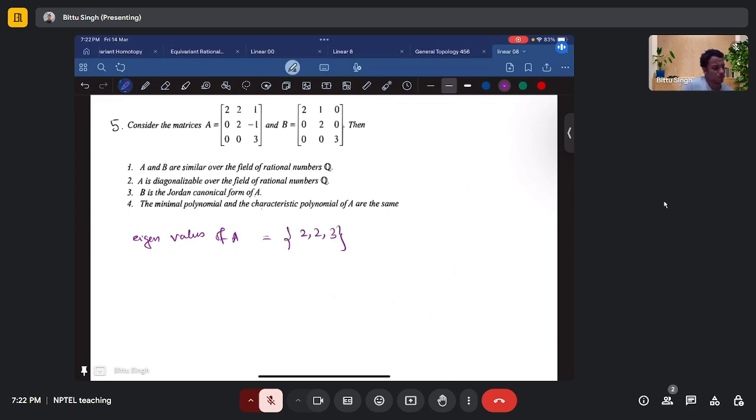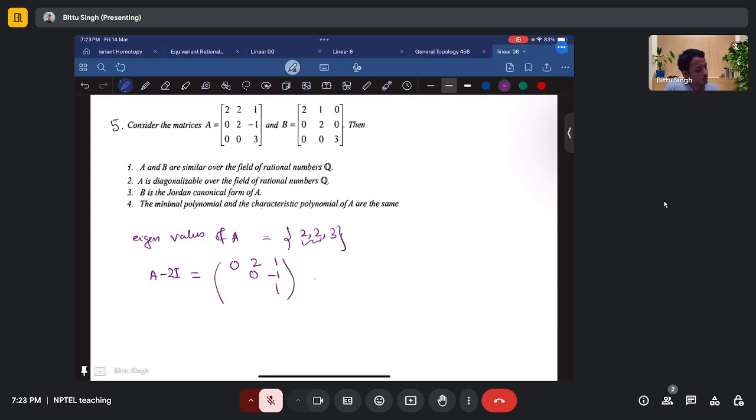So the algebraic multiplicity of 2 is 3. This is the problematic part. If we compute A minus 2I, this is the same as subtracting 2 from the diagonal, giving 0, 0, 1, and the others are unchanged. This is A minus 2I.